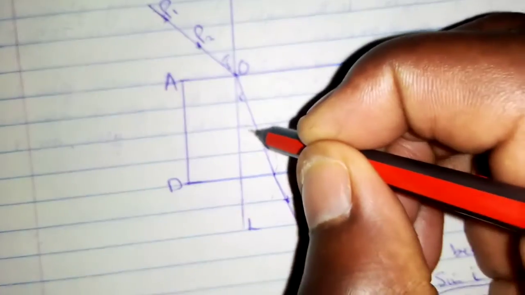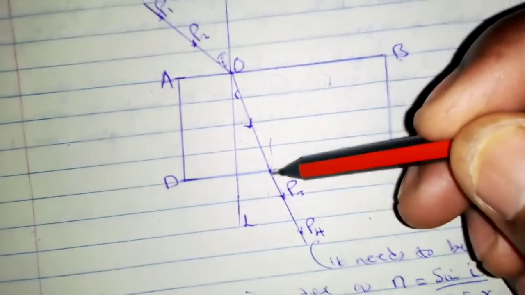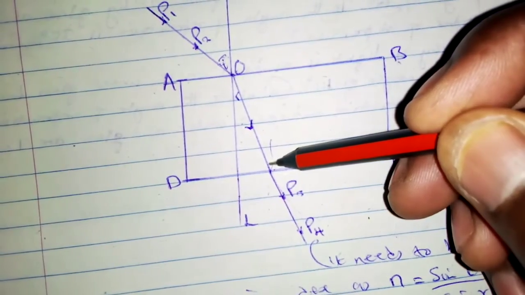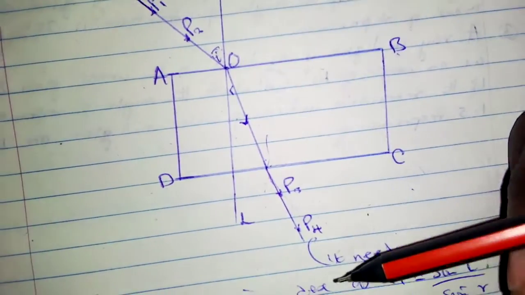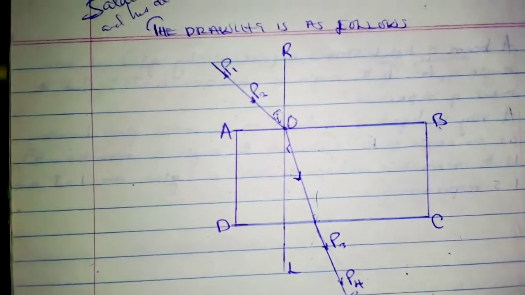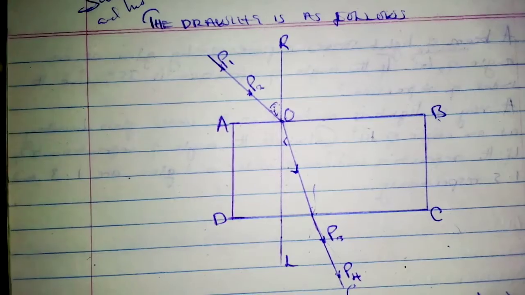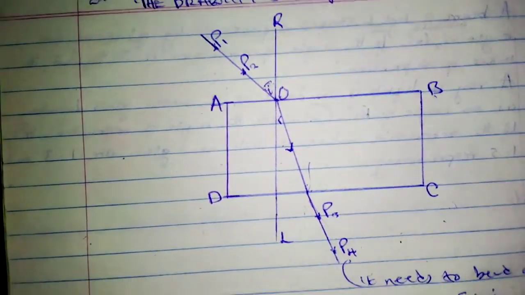So this line will go the other side. When leaving, this line becomes the angle of the incident ray, then this one becomes the emergent ray. That's what happens. And these are the procedures that you need to take when you're determining the refractive index of a glass block. Thank you for watching.